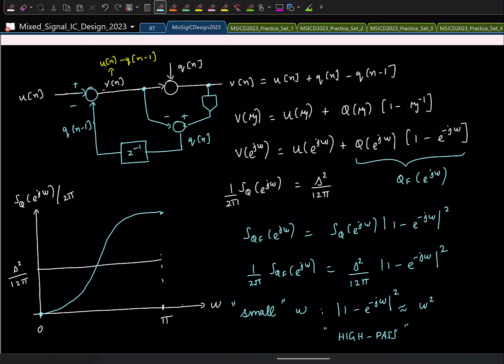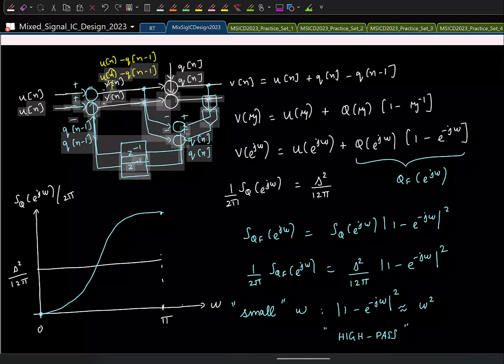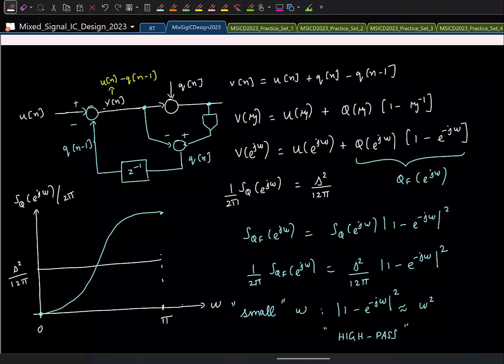This act of taking the quantization noise, or any noise, and shaping its frequency spectrum is often referred to as noise shaping. So this is called noise shaping. In particular, this architecture that does the noise shaping is often called the error-feedback noise shaping structure, for obvious reasons: we are feeding back the error.